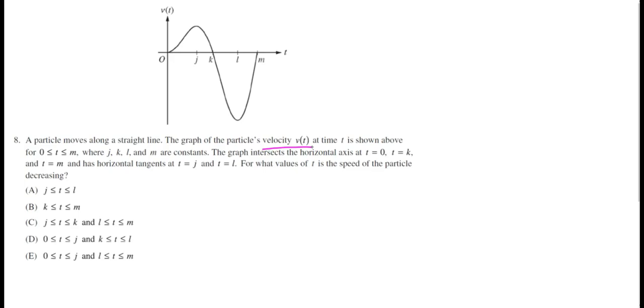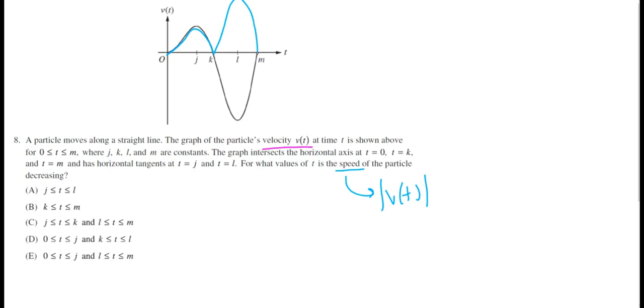Then it says for what values of t is the speed of the particle decreasing. A couple ways to do this. I think the fastest way is actually to just draw the graph of speed, and remember that speed is the absolute value of velocity. The given graph is velocity, so if I want to take the absolute value, I can't have any negative values. So this part of the graph is fine for speed. The other part needs to be flipped over the x-axis.